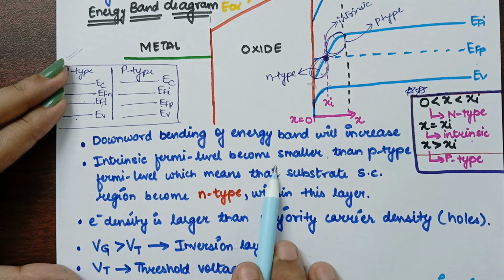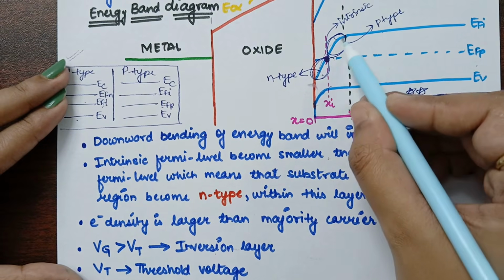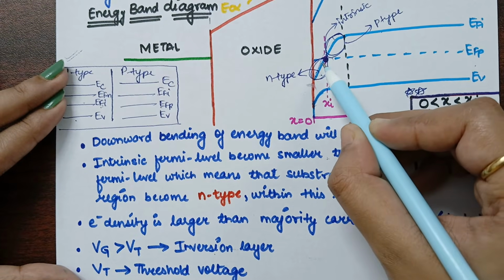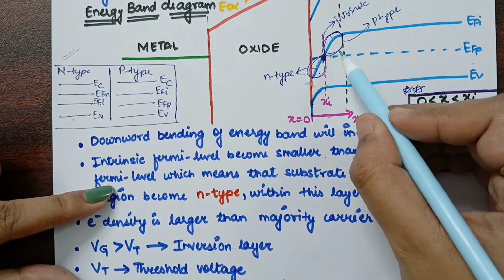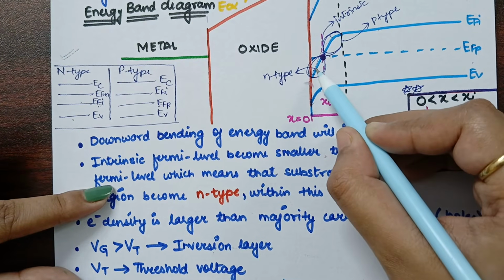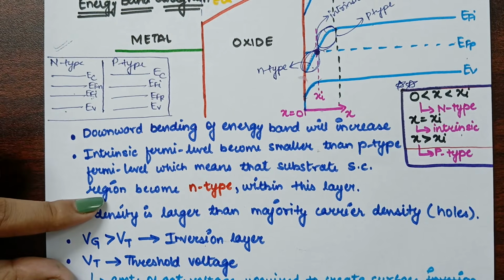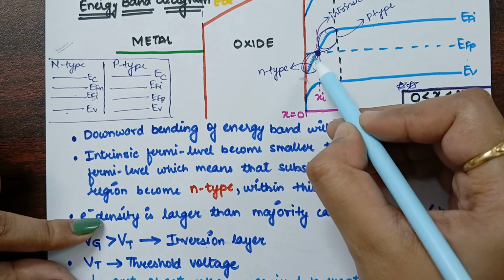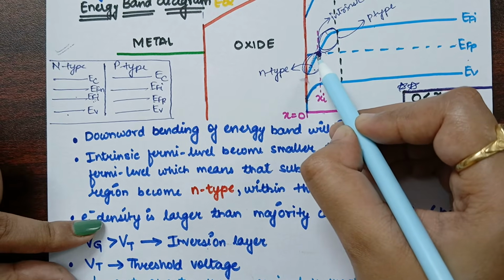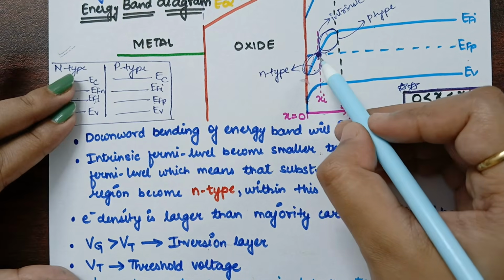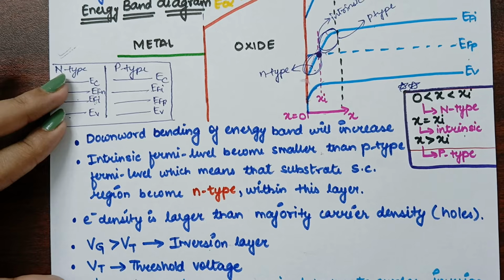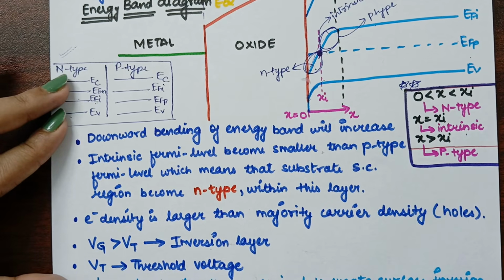The intrinsic Fermi level becomes smaller than the Fermi level of the p-type material, which means that the substrate semiconductor region becomes n-type. It has become n-type within this layer. So this is the inversion of that particular region.